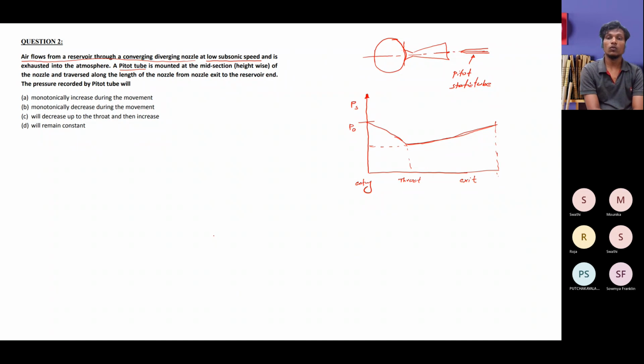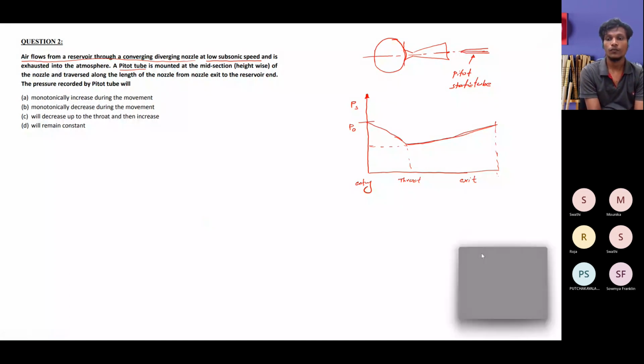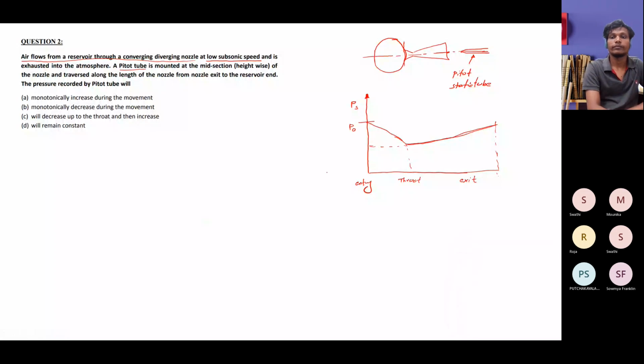If it is supersonic flow, the picture is reversed. For supersonic flow, we already discussed that kind of pattern several times, how pressure and velocity vary. For supersonic flow, if we provide any kind of expansion area, the pressure and velocity always increase.